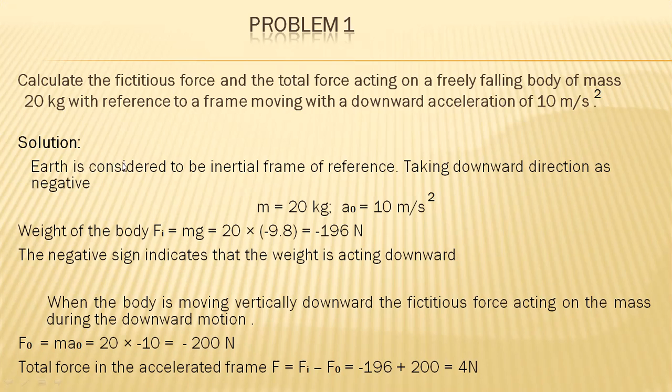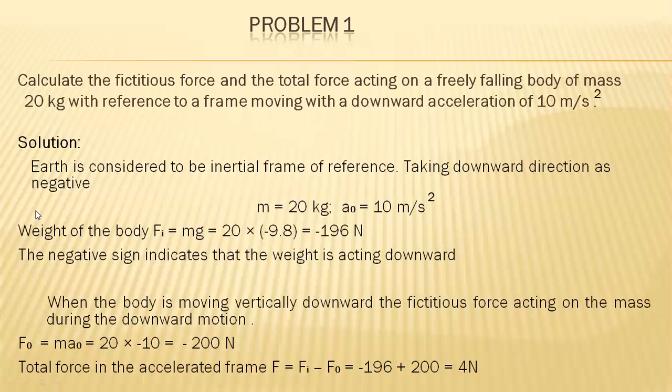You know that Earth is considered to be an inertial frame of reference, and we take the downward direction as a negative sign. Remember, take a negative sign at this point. The given quantities are mass 20 kg and acceleration A naught 10 meters per second square. Now we calculate the real weight.